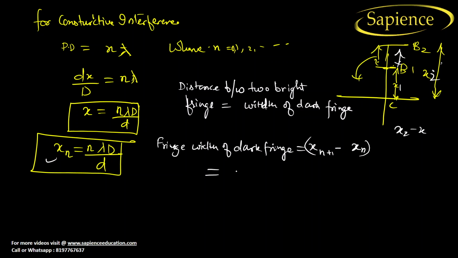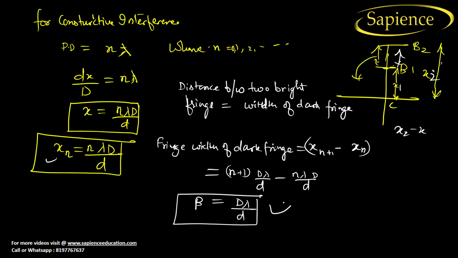So we put (n+1) D lambda by small d minus n lambda D by small d. When we calculate this, the fringe width beta is equal to D lambda by small d. This is the fringe width of the dark fringe.